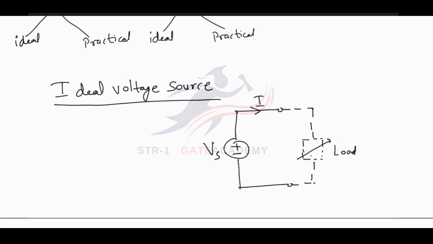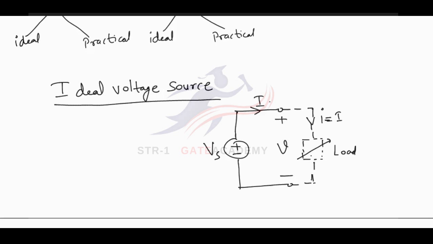This is my load voltage V, and I have load current I, and since they are in series, this load current I is equal to the source current capital I.